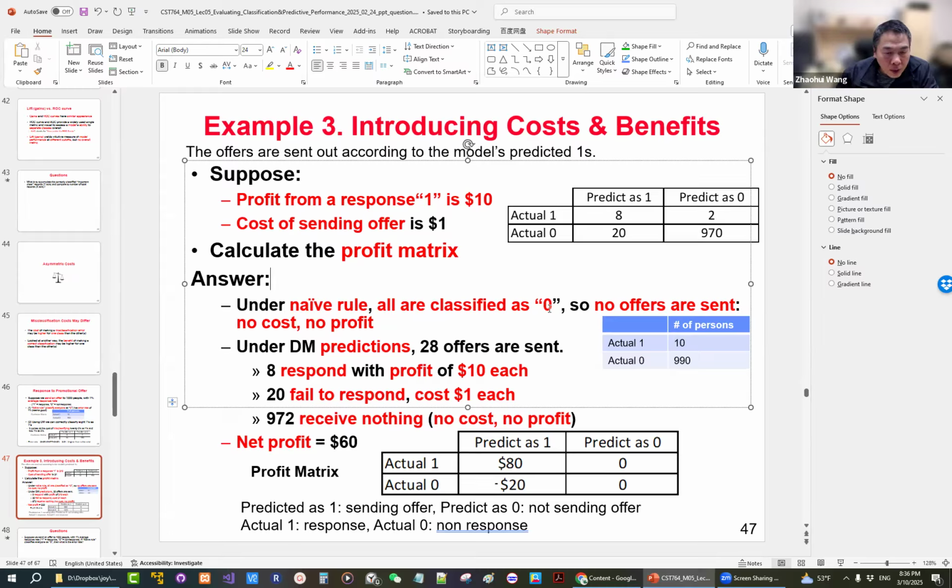Actually, no offer sent, no cost, no profit. Under the data mining prediction, we created the confusion matrix.